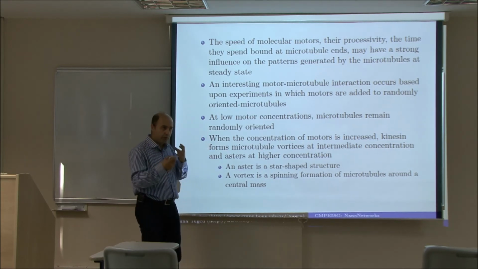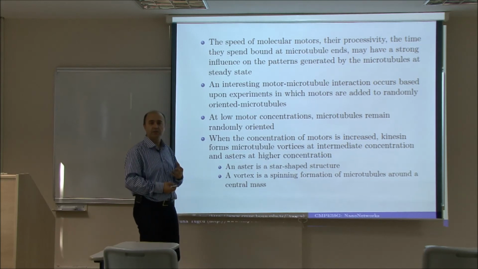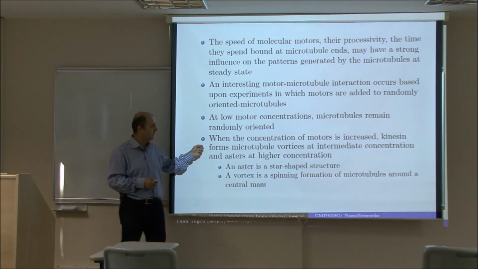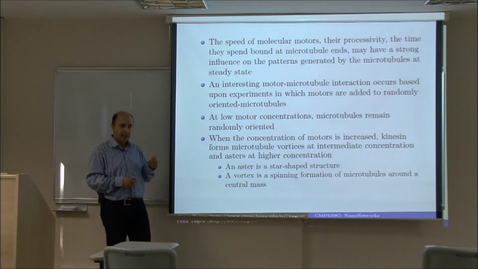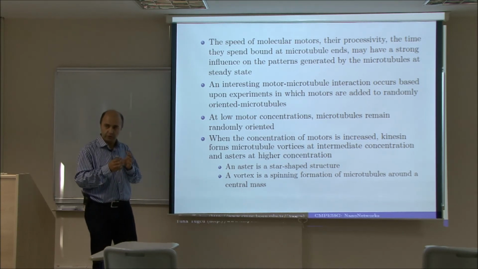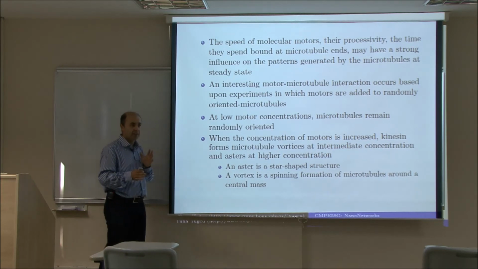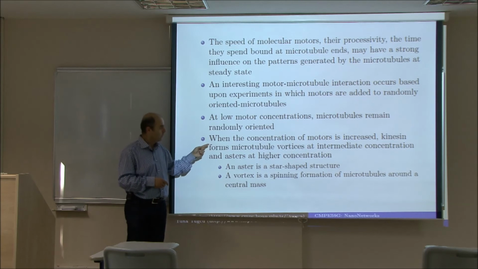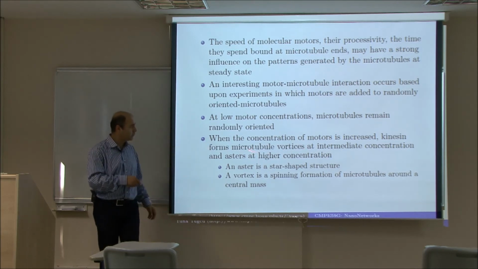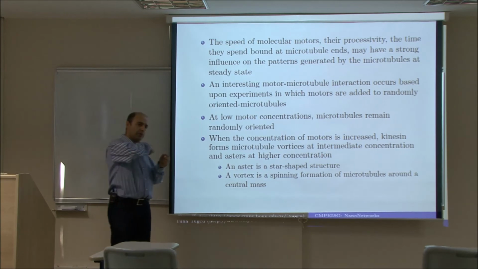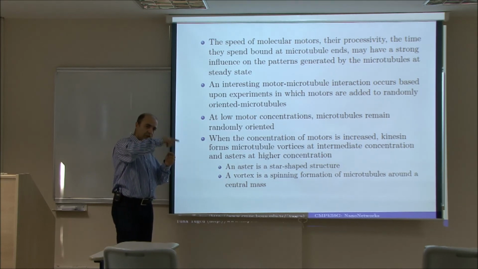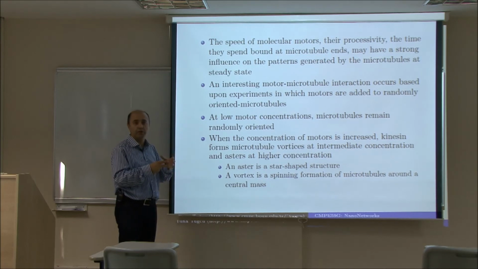But if you put more and more motors on the rail, and if the molecular motors we're discussing are the kinesins, in that case, if the concentration of the kinesin motors is at an intermediate level, you have microtubule vortices, which means the microtubule comes and there is some turning effect of the microtubule and continues, where you have an intermediate level of congestion.